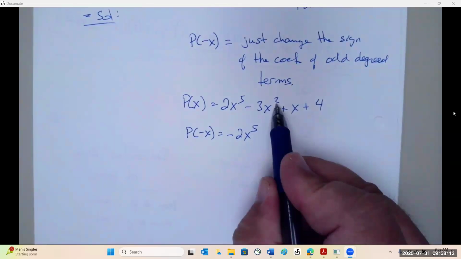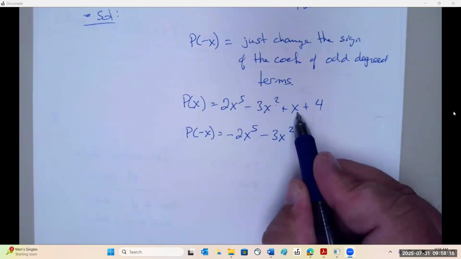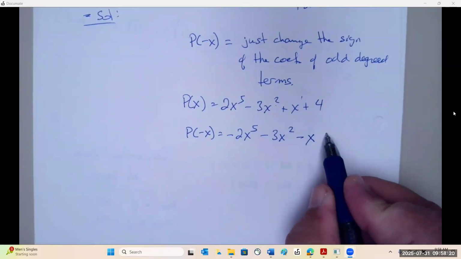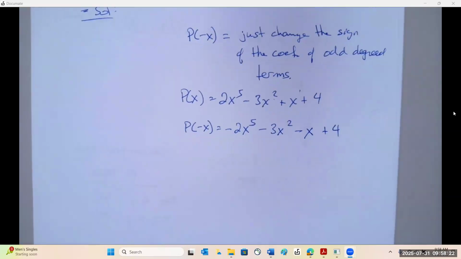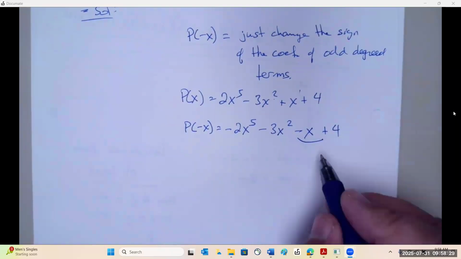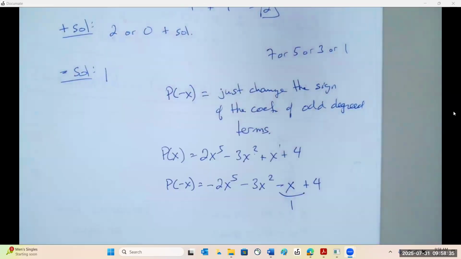Odd or even? Leave it alone. x is odd or even? It's odd, but it's 1, so it changes its sign. And the constant. So now you count the sign changes. In this one, there's only 1 sign change. So what does that tell me? I'm only going to have 1 negative solution.